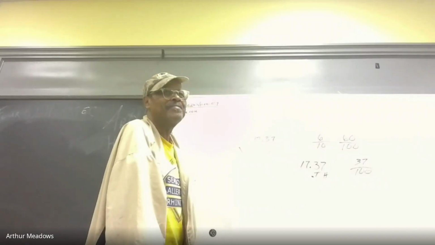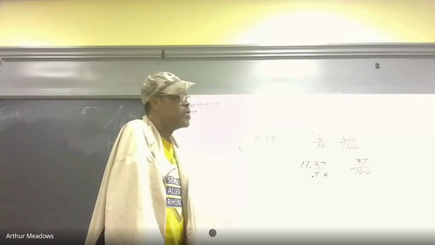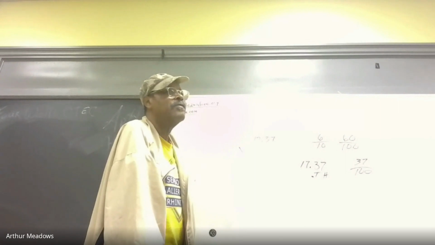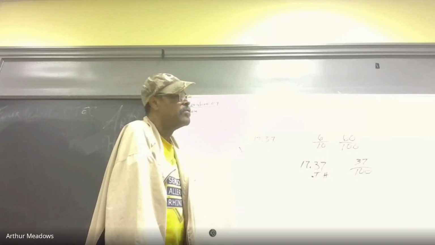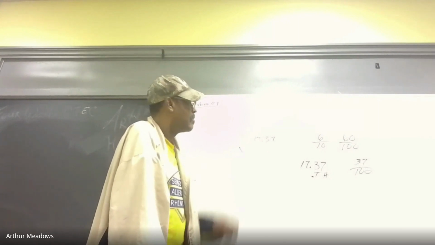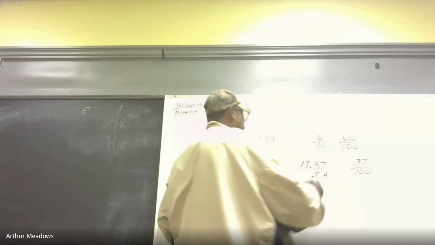I'm lost, man. If the answer is 17.37 and you rounded it off to the nearest hundredth, what's the answer to that? You said you can't round it off? No, because the 3 isn't over 5. The only way to round it over is if there's a number beside it. There's no number beside it.